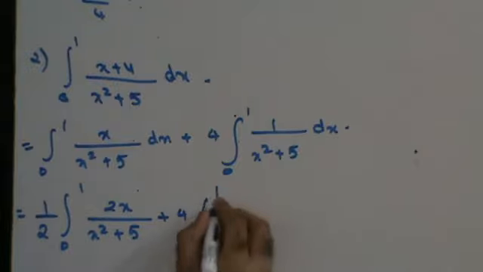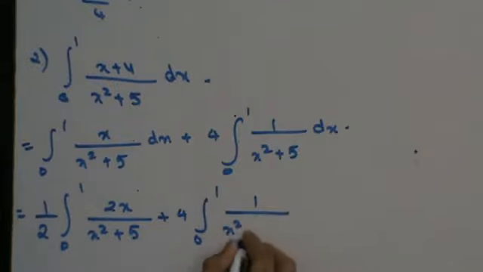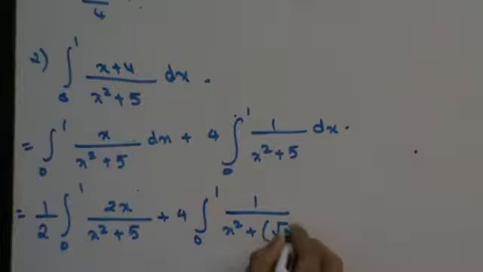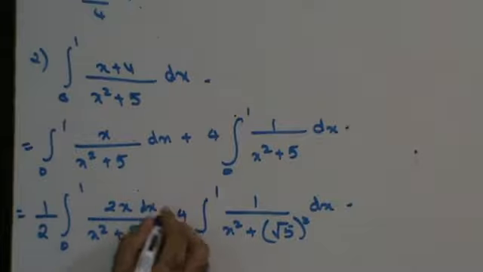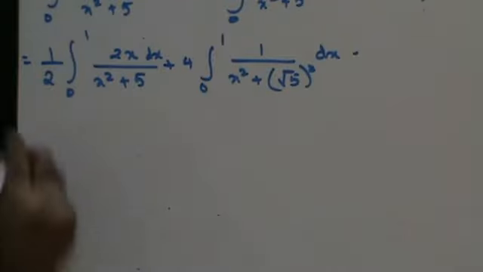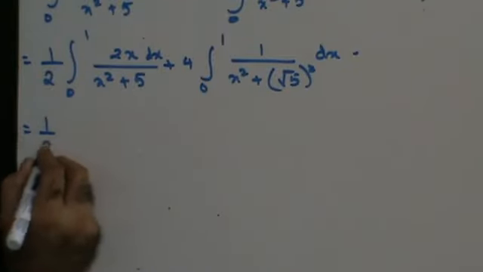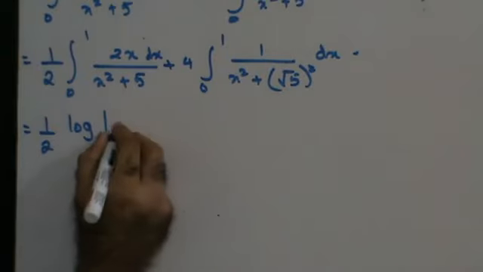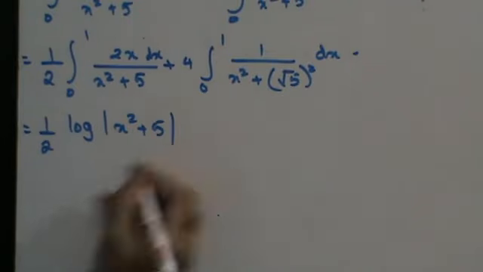Plus 4, 0 to 1, 1 upon x square plus 5, which can be written as x square plus root 5 the whole square. Here you will use the formula f dash of x upon f of x. The term in the numerator is the derivative of the term in the denominator. So the answer for this will be log of the denominator, log mod of x square plus 5.